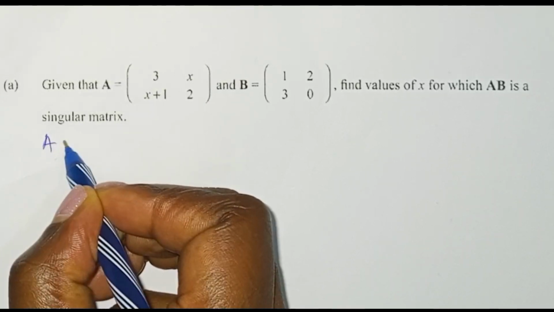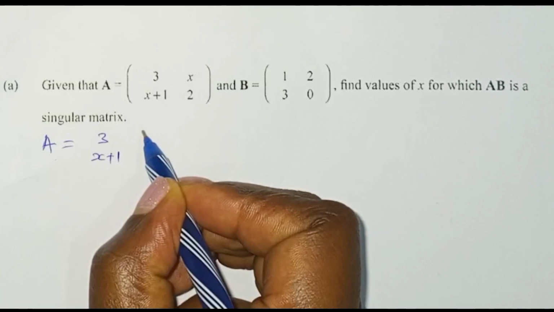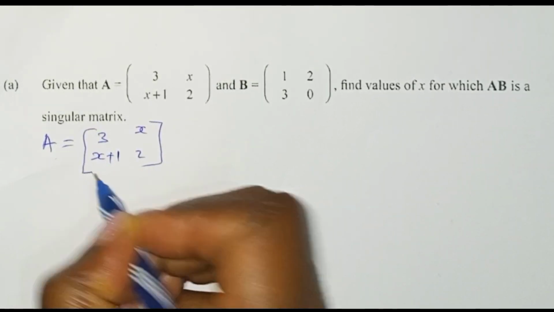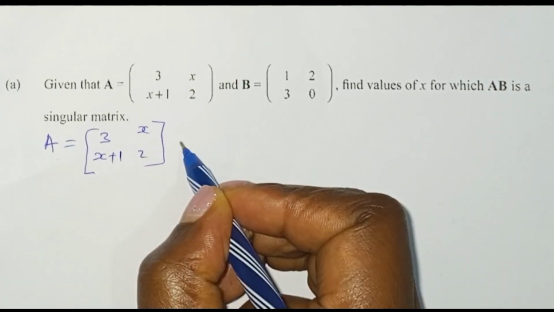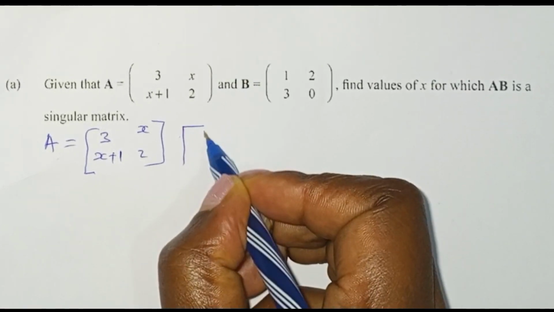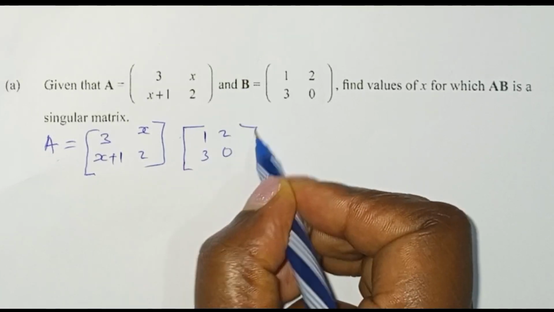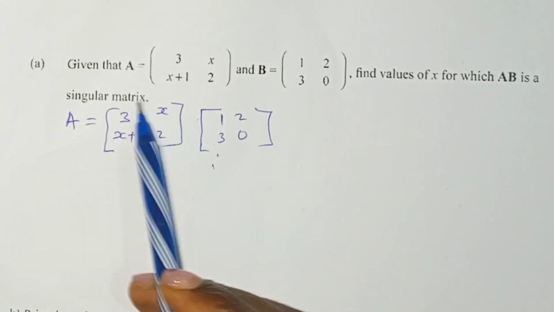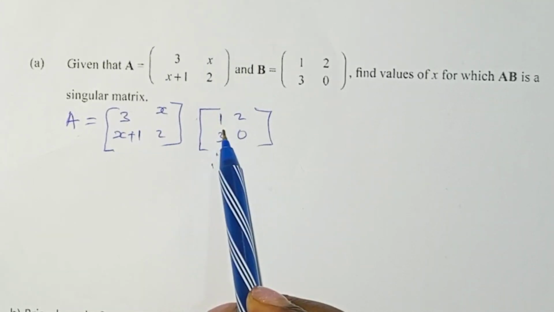We have A is equal to 3, x plus 1, x, 2. This is our A, and B, we have 1, 3, 2, 0. So in finding the product AB, we take the row and multiply it with the column.